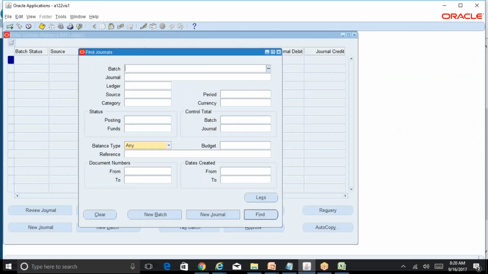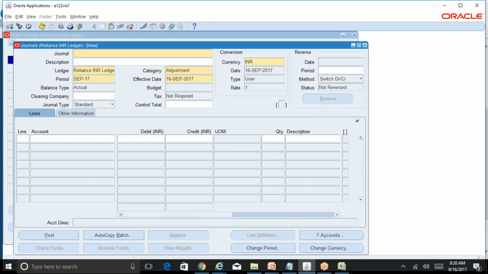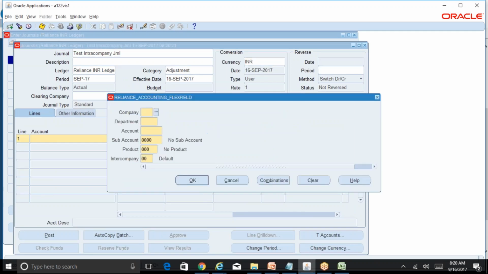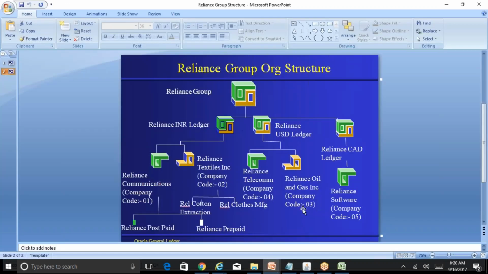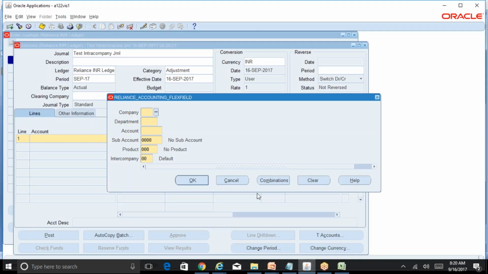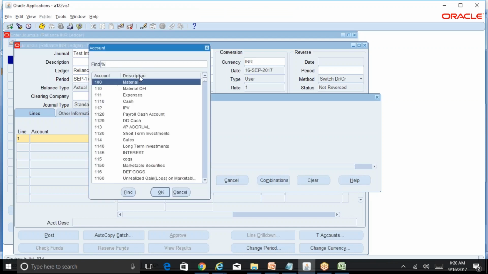Journals, enter new journal. So I can say test intra-company journal. So what should we select here? Not 01, 03. 03 and 04. So 03, some department, and maybe we just pick up any account, maybe just a salary account.